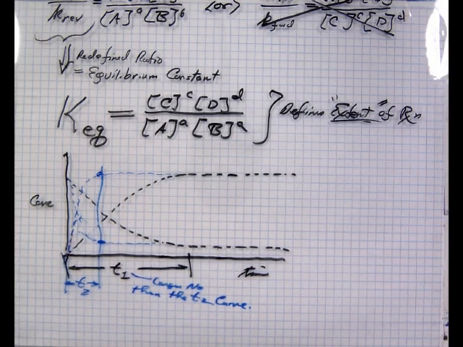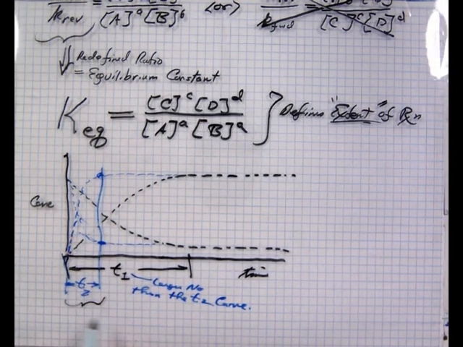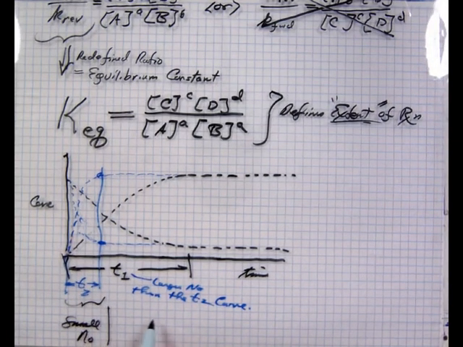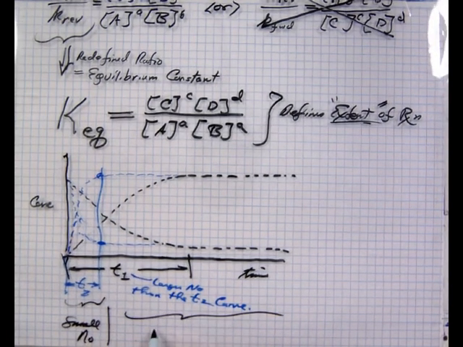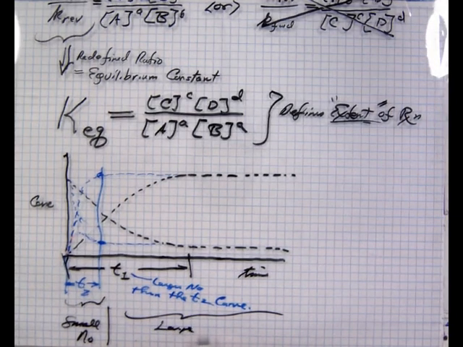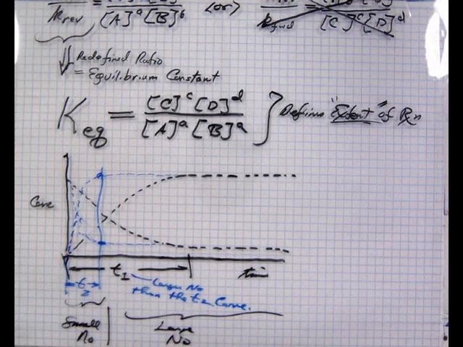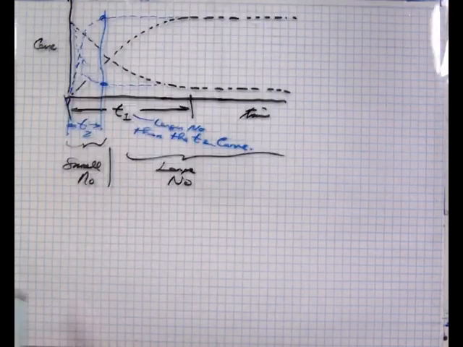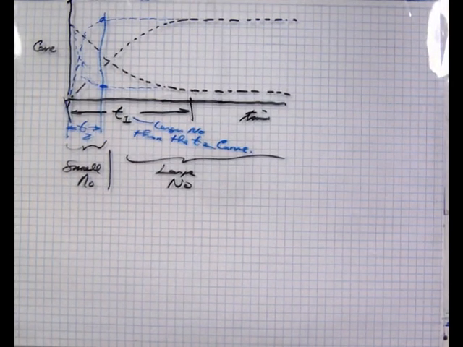Because this shows a small number, versus this showing a large number. We identify certain reactions relative to their efficiency to deliver products. A reaction which would have a small K value does not deliver very much product.